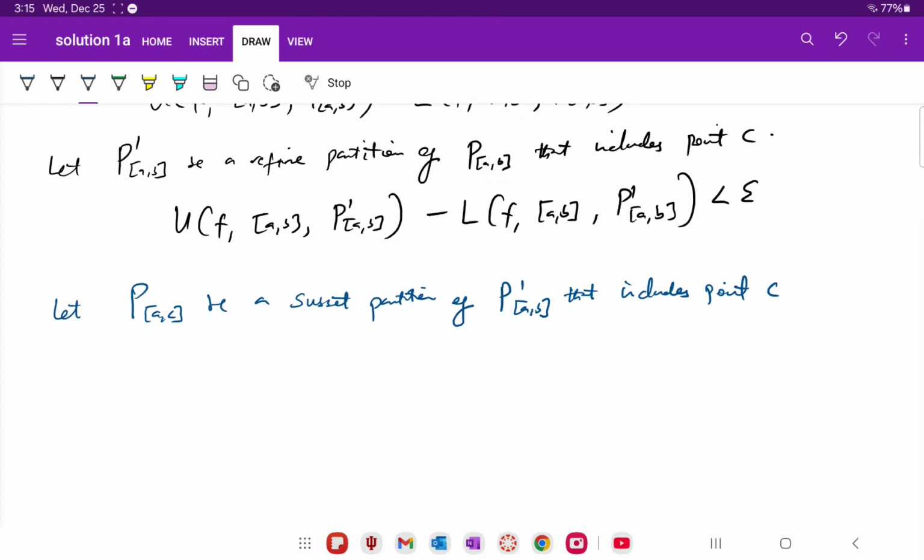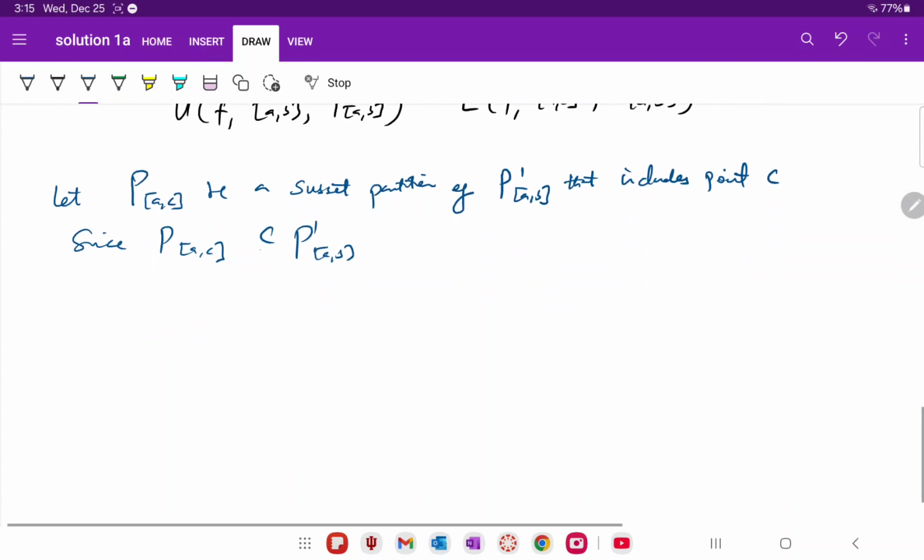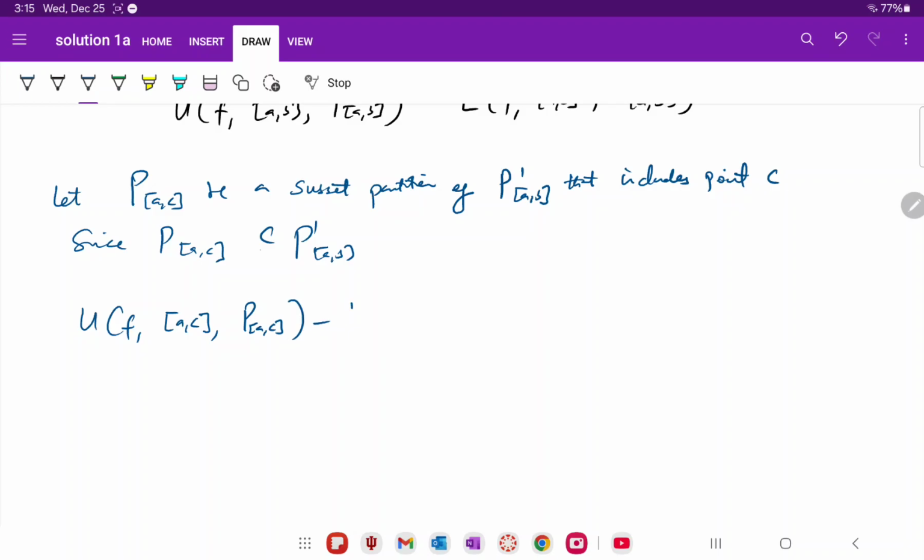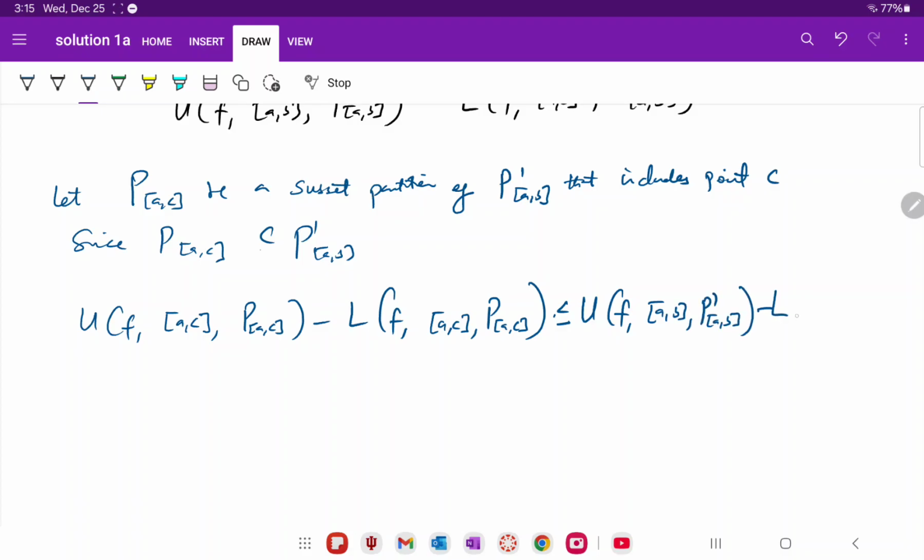So that means that since [A, C] is a subset of [A, B] with partition P prime, the difference between the upper Riemann sum and the lower Riemann sum on [A, C] with P will be less than the upper Riemann sum of [A, B], P prime, minus the lower Riemann sum of f on [A, B], P prime.